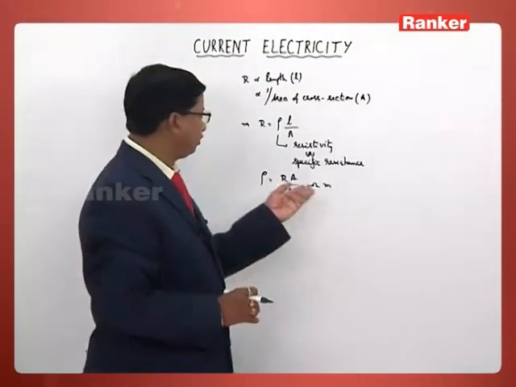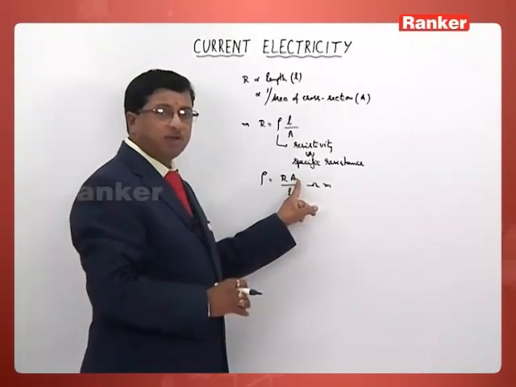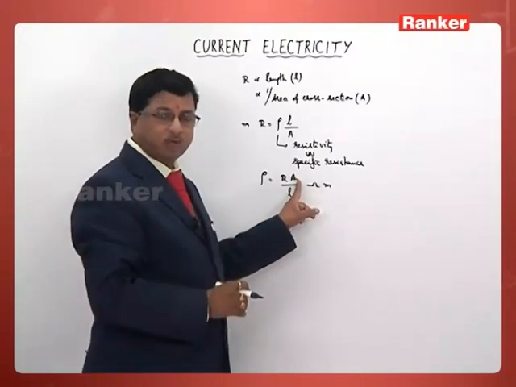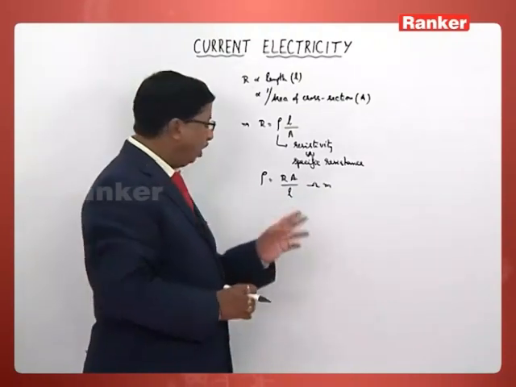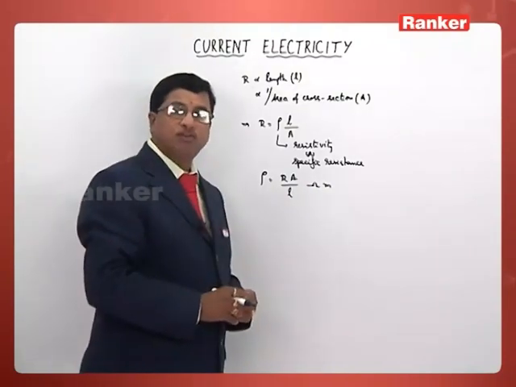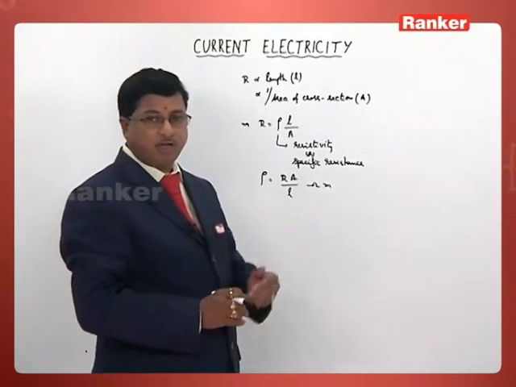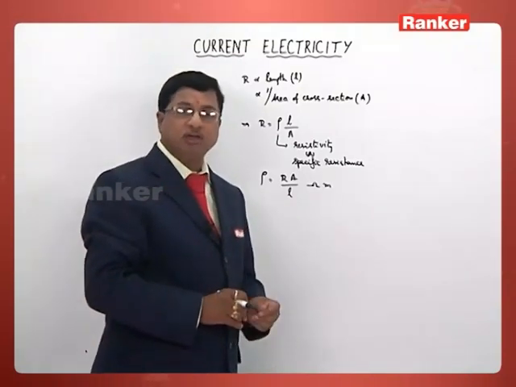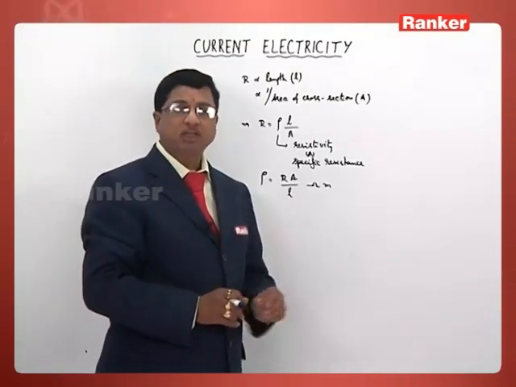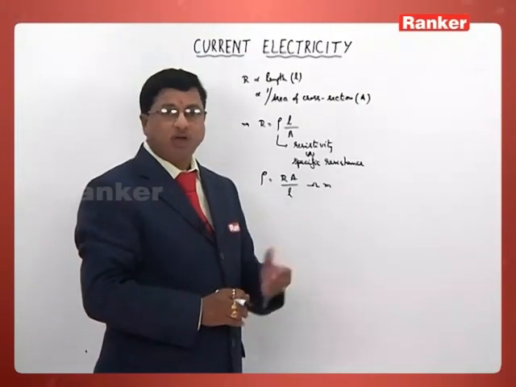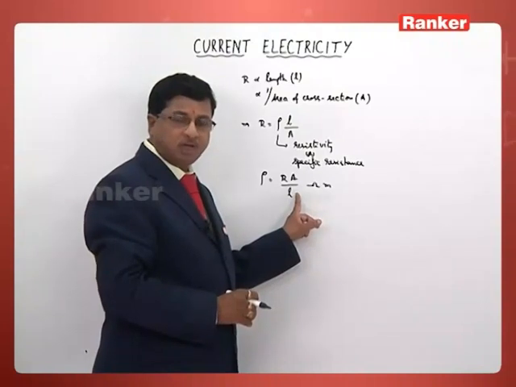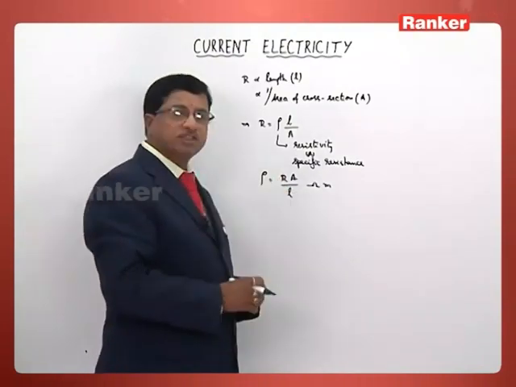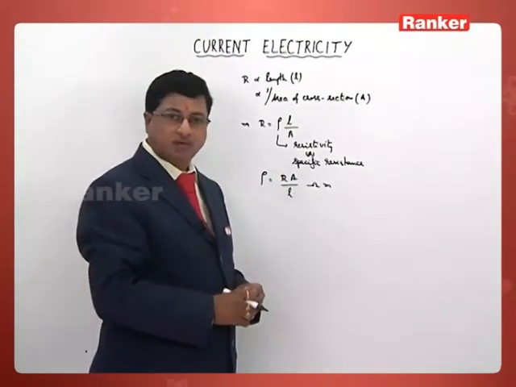Sometimes they may ask you a question this way: if area of cross section of a conductor is doubled and length is made half, then how many times does the value of resistivity of that wire vary? In fact, our answer is supposed to be that it does not vary. Why? When length becomes half, automatically resistance of that conductor also becomes half.